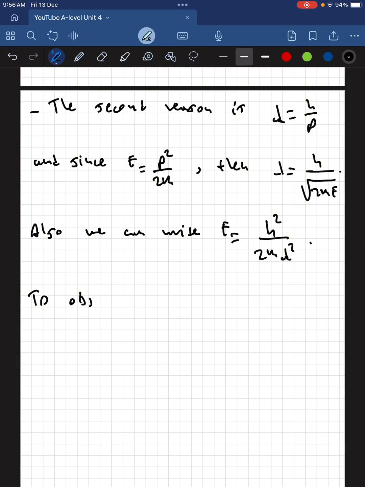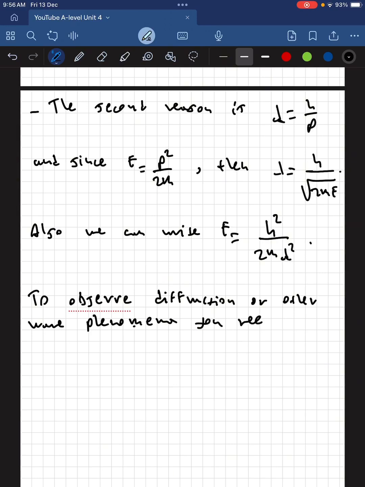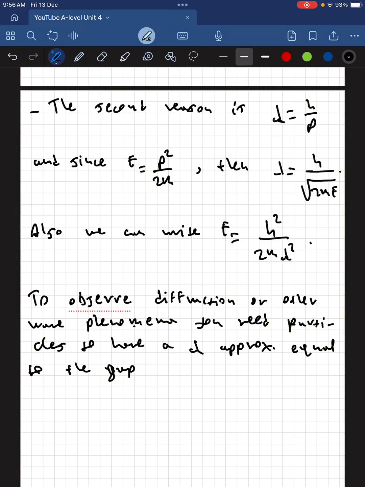Okay, so to observe diffraction or other wave phenomena, you need particles to have a wavelength approximately equal to the gap they pass through.